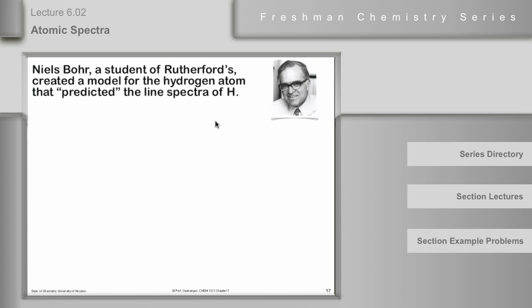He was a very bright guy, and by working under Rutherford's direction, he was able to come up with a model for the hydrogen atom that you might say loosely predicted the line spectrum of hydrogen. At least his model was consistent with hydrogen producing line spectrum.